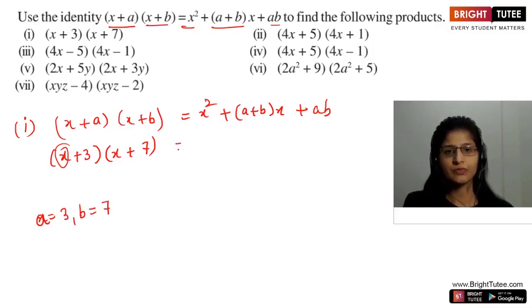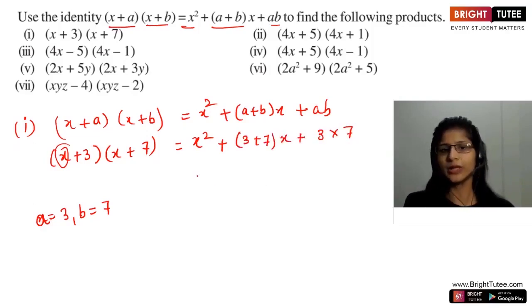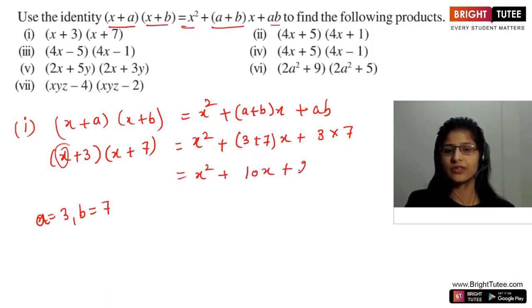So here we will put x square plus (3 plus 7)x plus 3 into 7, that is a into b. So we get x square plus 7 and 3 is 10, 10x plus 7 threes are 21. So this is what we are getting. Right? Is it clear?